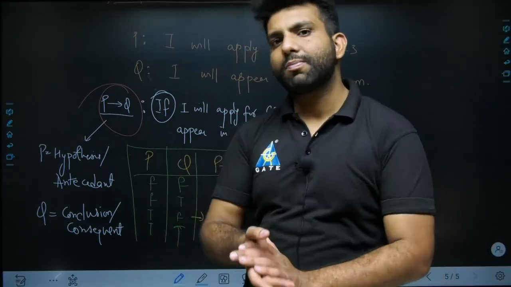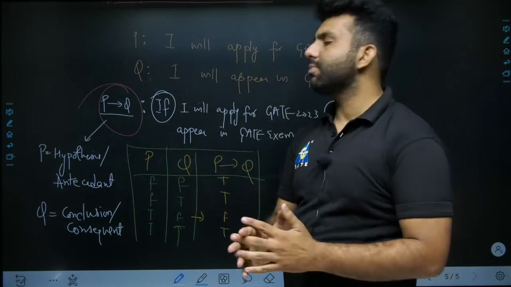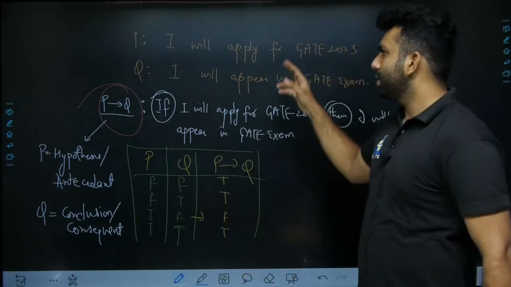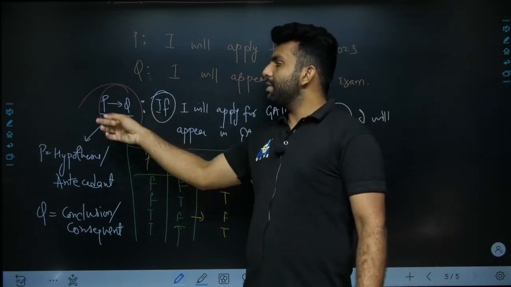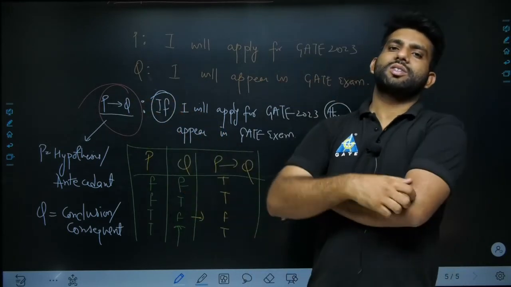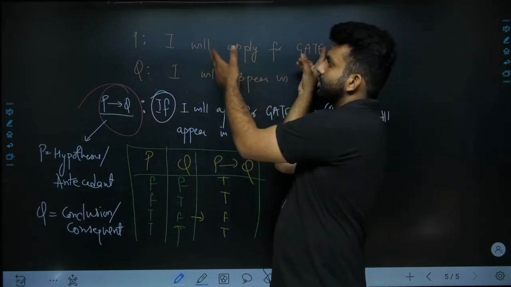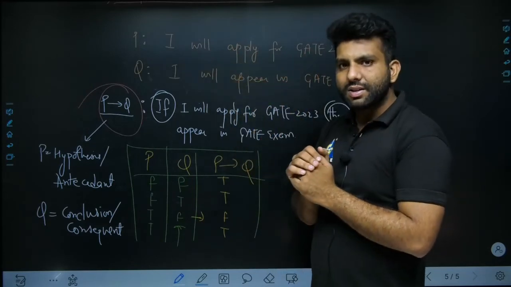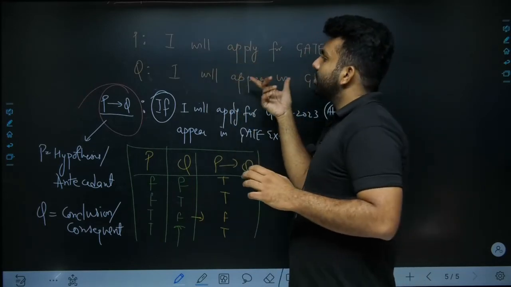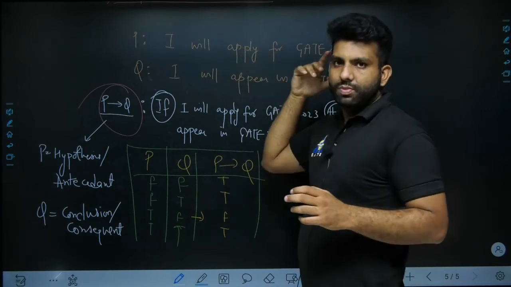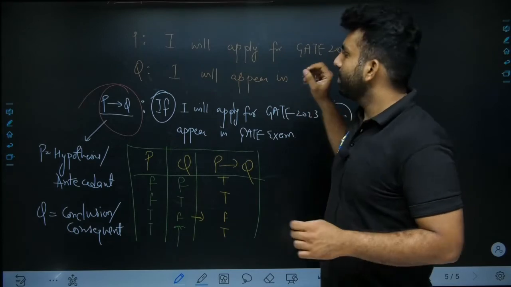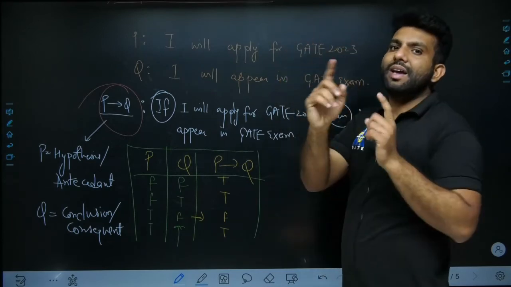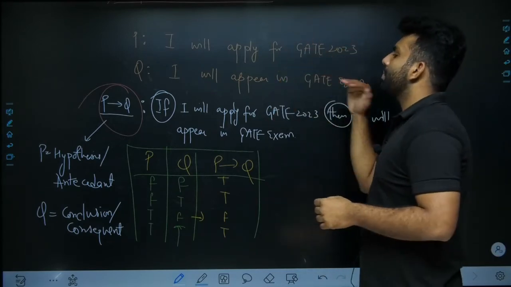If I have not applied for the GATE exam, whether P implies Q will be false or true, just understand. I have given you a hypothesis. I say I will conclude this if this is true, if you follow all the prerequisites. If you apply, then only I can say you will be able to appear in GATE exam.